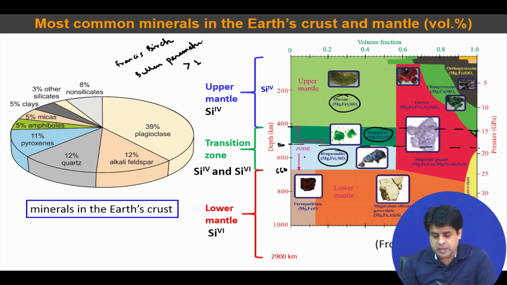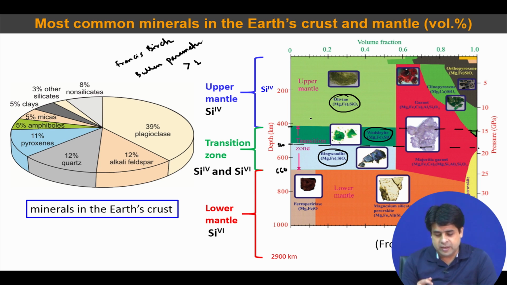So, basically, if you see the phase transition of olivine: olivine is stable in the upper mantle, and when you go to the upper part of the transition zone, olivine undergoes a phase transition and forms Wadsleyite, which is stable from 410 to 520 kilometer.